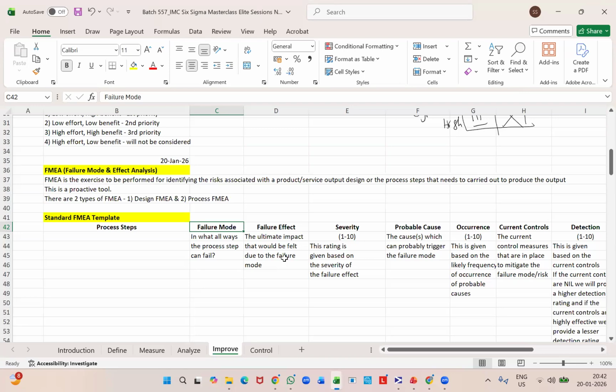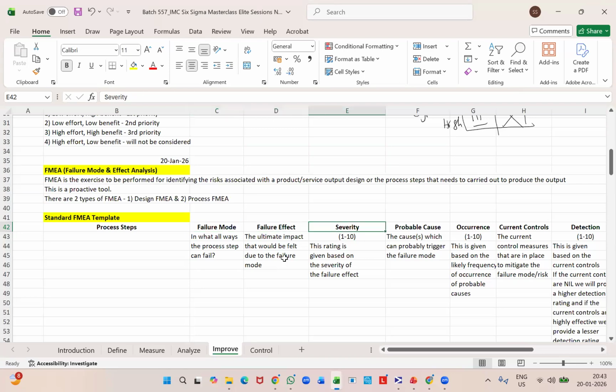So when it is a risk, all the assumptions will be made with regard to the failure effect, probable cause, etc. So you're only anticipating if this risk becomes a reality, what is the kind of effect that will be experienced due to this risk, right? So that is what we would sum it up under failure effect. So the ultimate impact that would be experienced because of the failure mode is what we would update under failure effect.